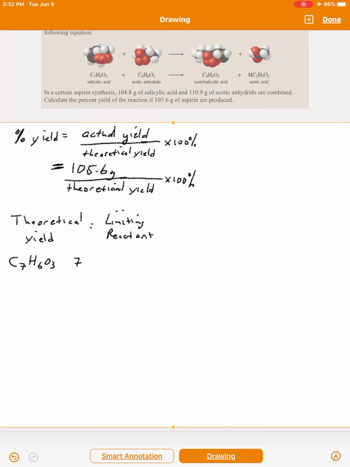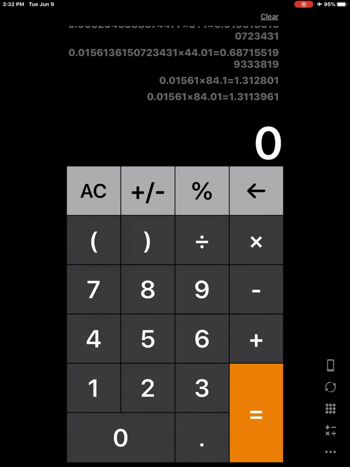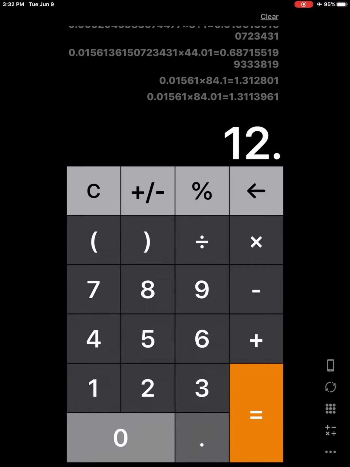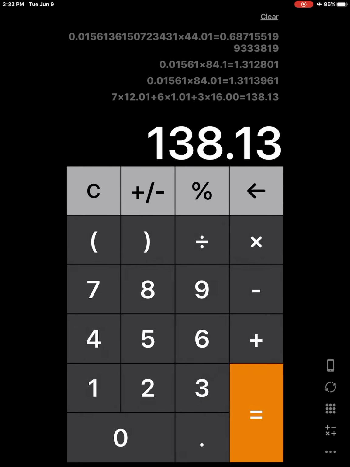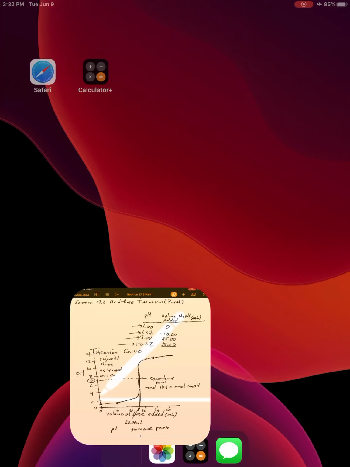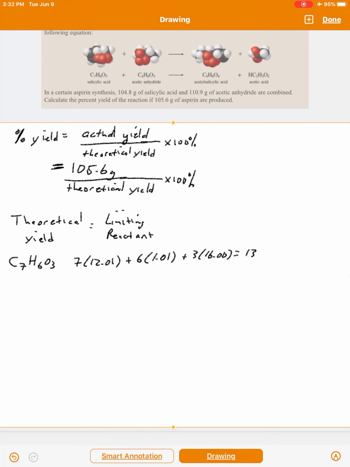So that's 7 times 12.01 plus 6 times 1.01 plus 3 times 16.00, and you get 138.13. Again, it's in grams per mole. That's the units of molar mass.